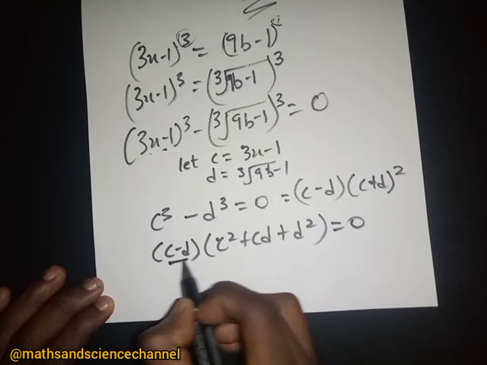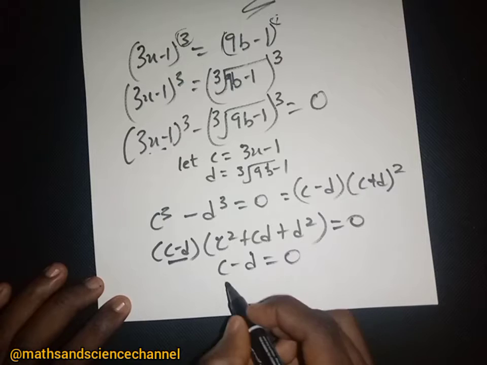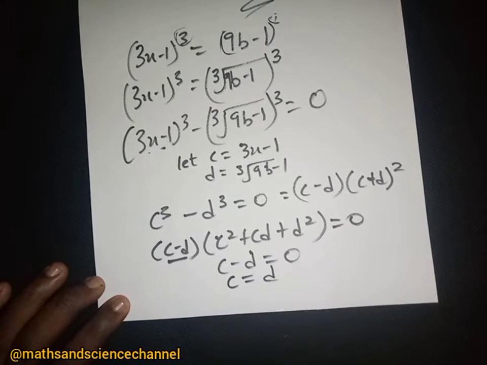So for the first one here, we take c minus d being equal to 0, right? And therefore we can say that c is basically equal to d.